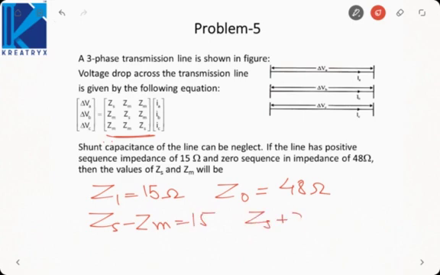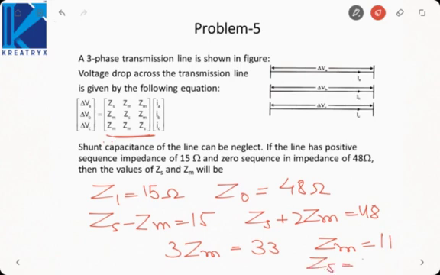Zs plus 2Zm is 48. It is asking Zs and Zm. If we subtract these equations, 3Zm will be 33. That is Zm will be 11. And Zs will be from first equation 26, because 26 minus 11 will be 15. So answer will be 26 ohm and 11 ohm.